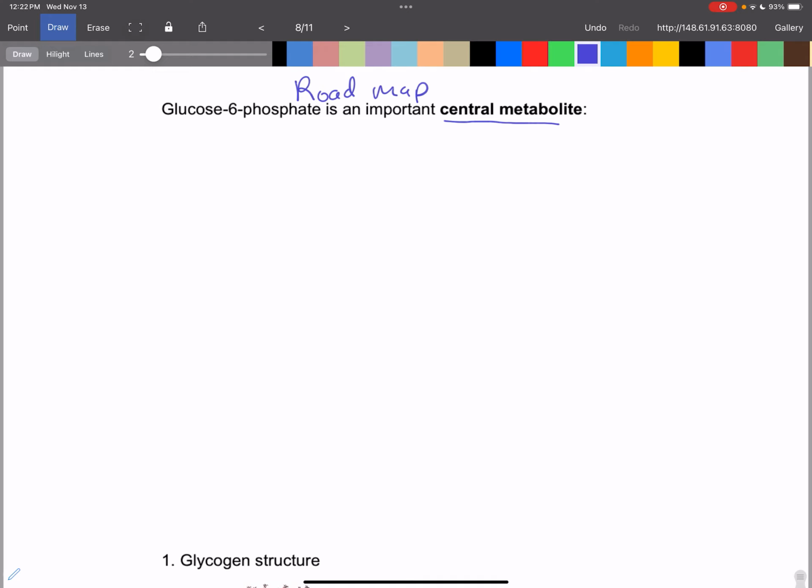Somewhere in the upper two-thirds or so, write a G6P to represent glucose 6-phosphate. Let's first back up and think about the knowledge we already have of glucose 6-phosphate, and that is its role in glycolysis and how it's made from glucose. Glucose can be converted into glucose 6-phosphate, and that's carried out by the enzyme hexokinase.